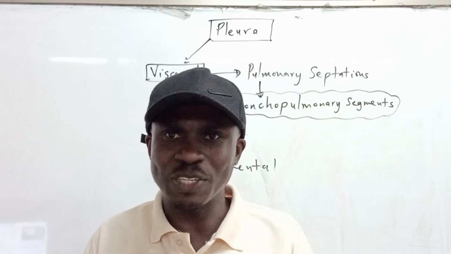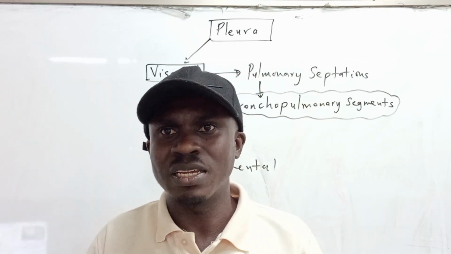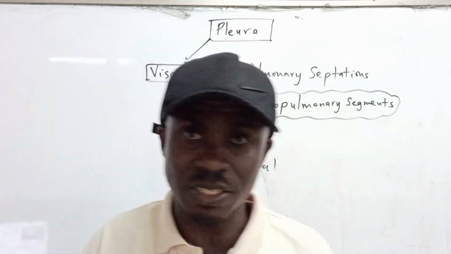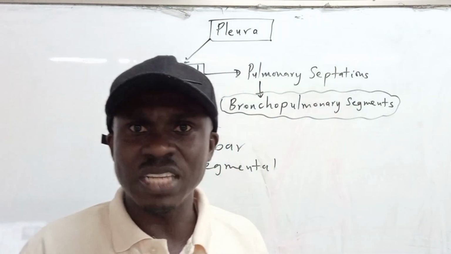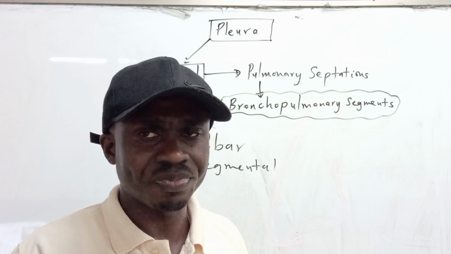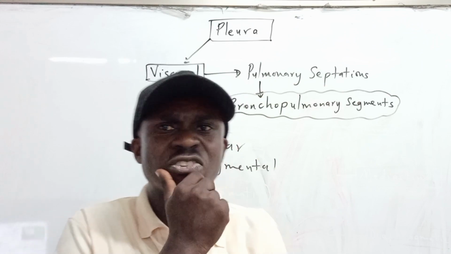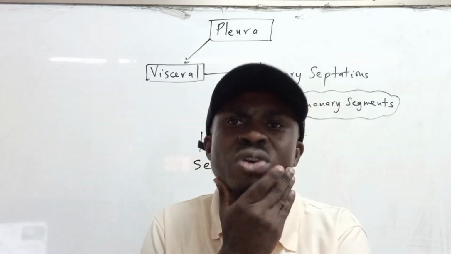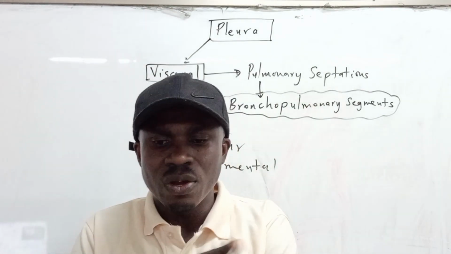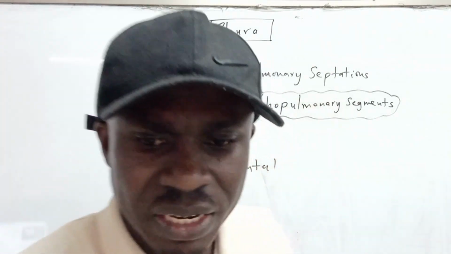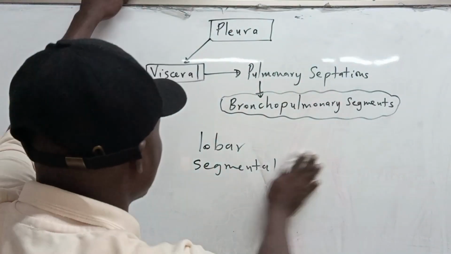But usually we expect the number to be reduced compared to that of the right. So now let's give some description about this bronchopulmonary segment. Let me explain so that you understand the concept.